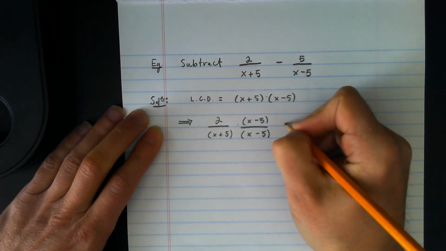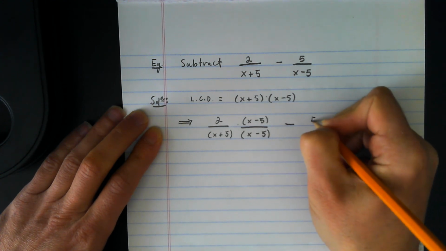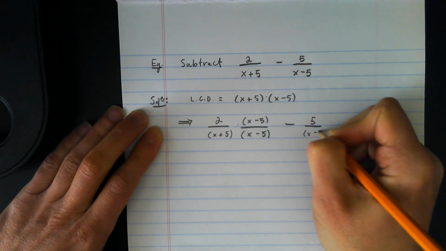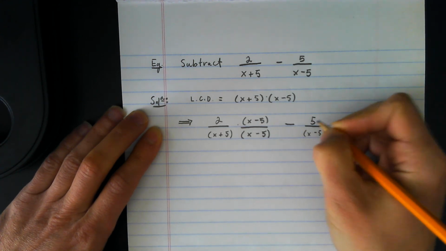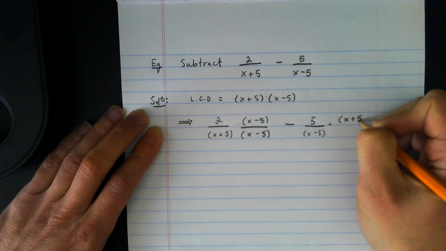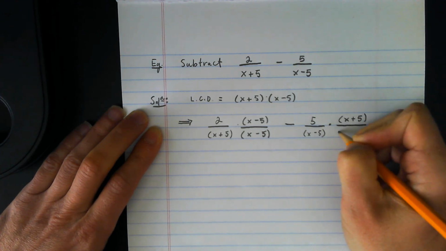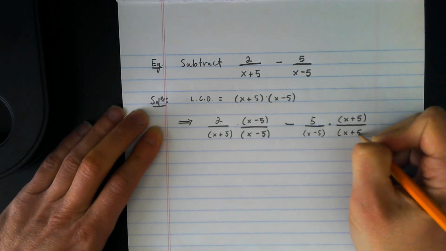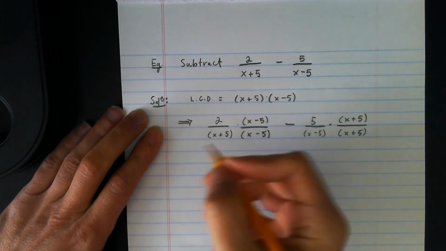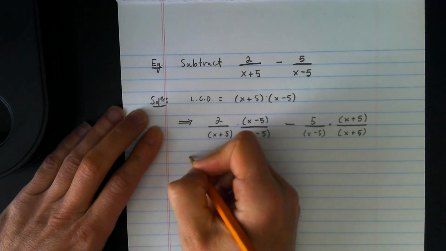And then I'm subtracting 5 over x minus 5. And I need to multiply the top and bottom of this by x plus 5 over x plus 5 to get the common denominator.